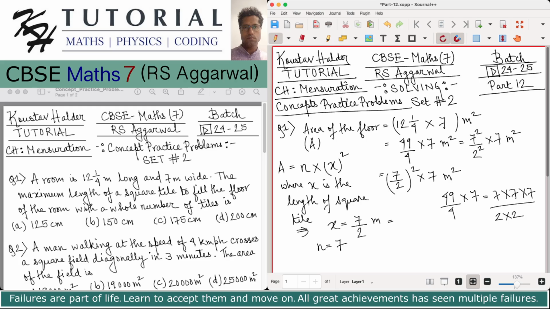This is 7 by 2 multiplied by 100 centimeter, and this is coming out to be 350 centimeter. But we do not have 350 centimeter as a choice. Let me quickly check if I have copied all the choices correctly or not.